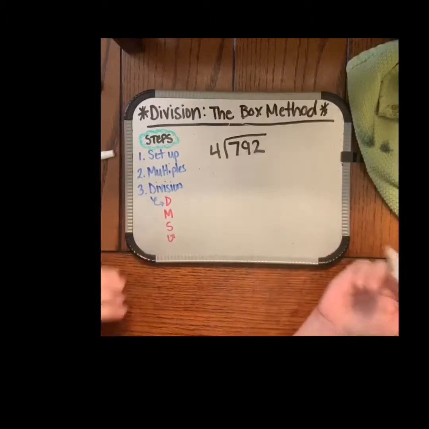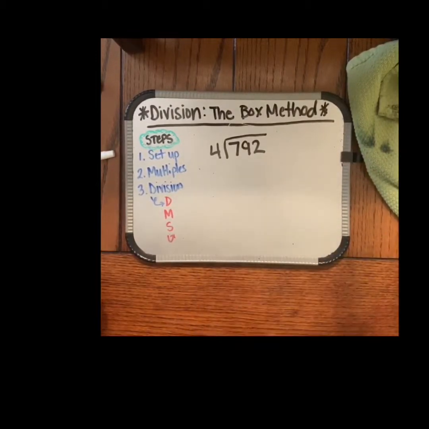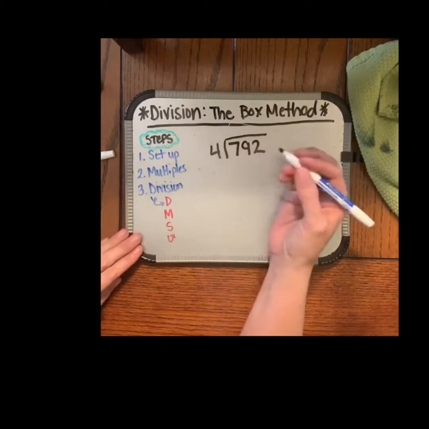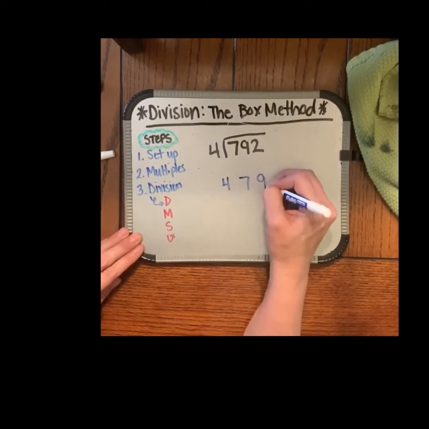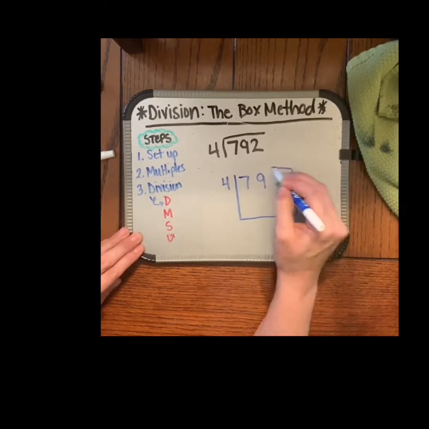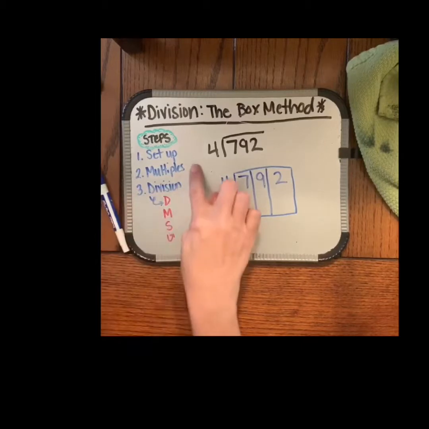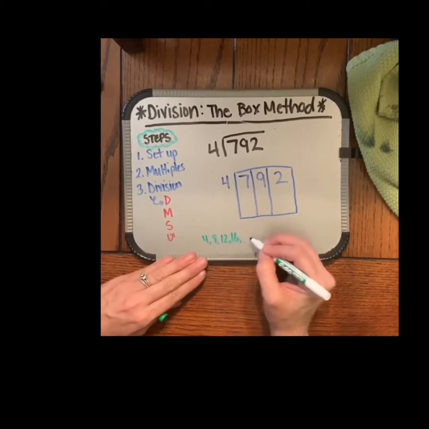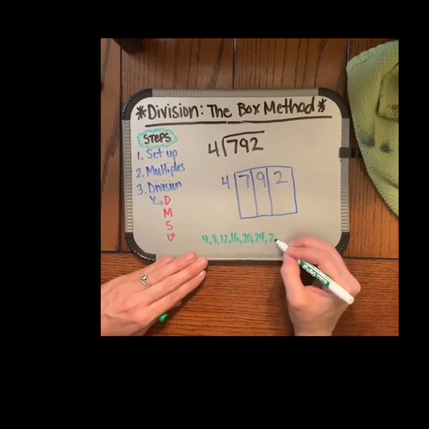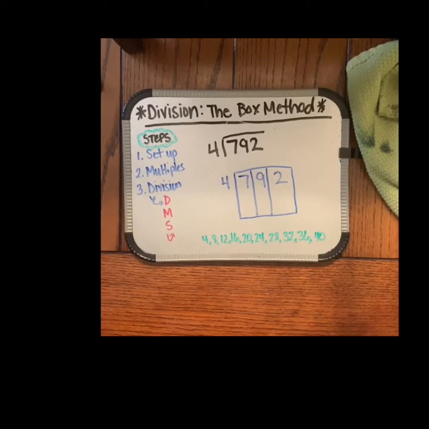All right, so now I'm going to go through it, and I want to see how it is against your work. Okay, so set up. Now I'm going to do my multiples. Now I'm going to do the division.